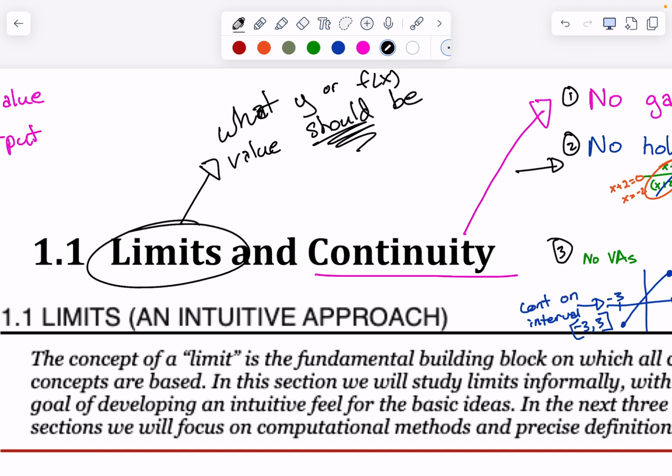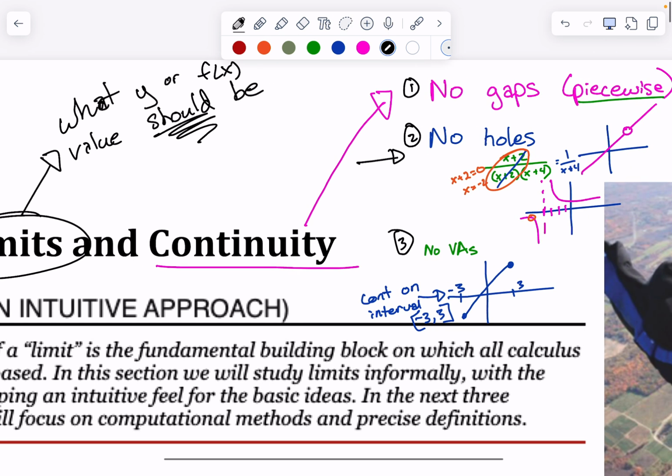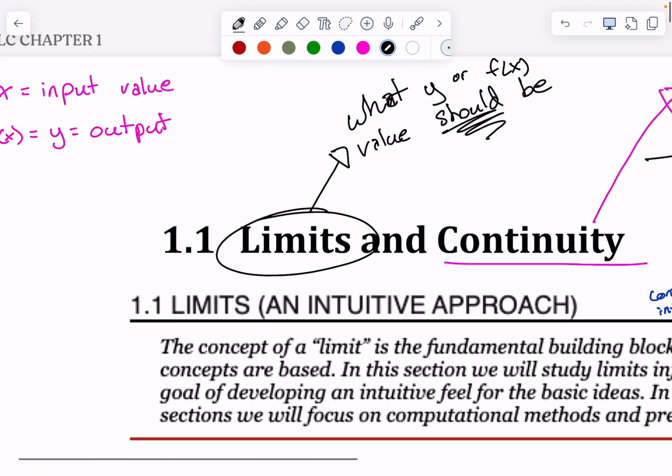Underline the word should. What the y coordinate should be, not necessarily what the y coordinate is, but what the y coordinate should be. And usually this is the most useful when gaps, holes, and vowels happen, right? So what the y value should be.